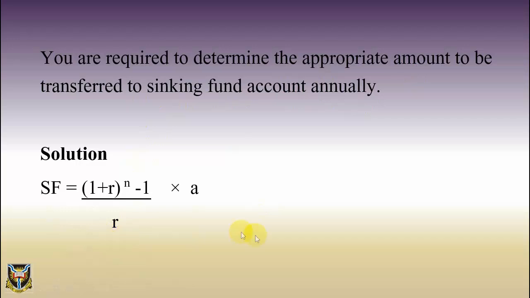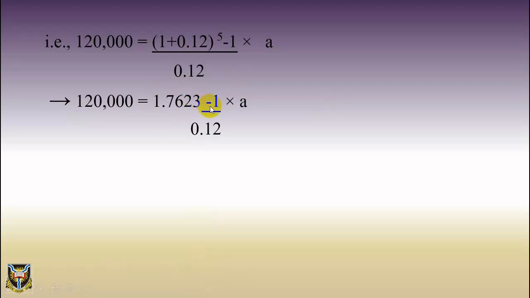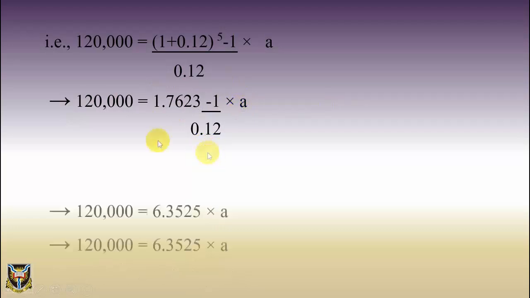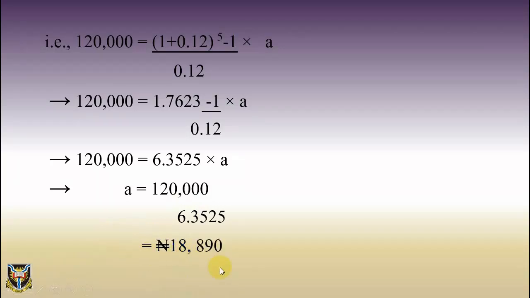SF is equal to ((1 plus R) raised to power N minus 1) over R times A. That is, 120,000 is equal to ((1 plus 0.12) raised to power 5 minus 1) over 0.12 times A. 120,000 is equal to (1.7623 minus 1) over 0.12 times A. 120,000 is equal to 6.3525 times A. A is equal to 120,000 over 6.3525, which is equal to 18,890.